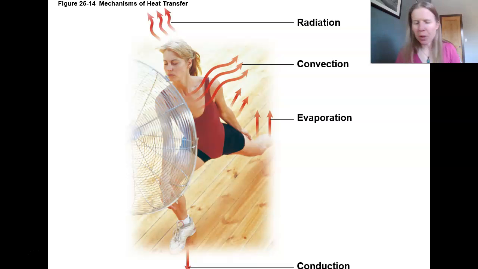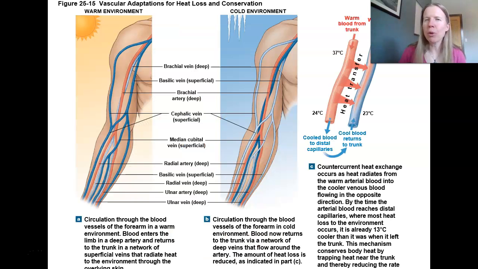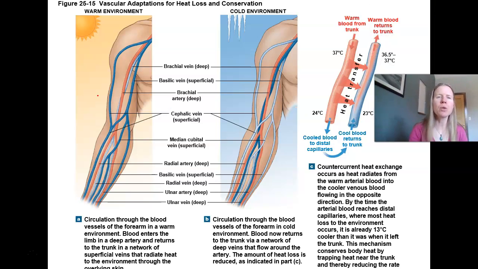So one thing your book didn't go into, which I did want to take a quick moment for, if we're going to bother thinking about heat loss and heat gain, is thinking about how your blood vessels help you adapt to this. Let me get out of the way here. Right, so notice in a warm environment, we're doing things like opening up these blood vessels that are much more superficial, right?